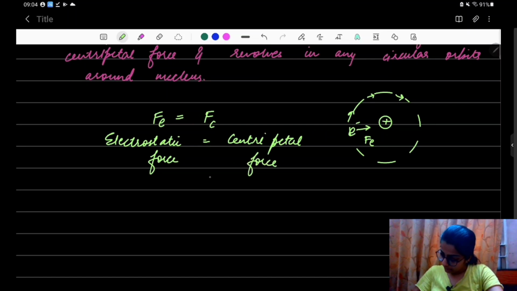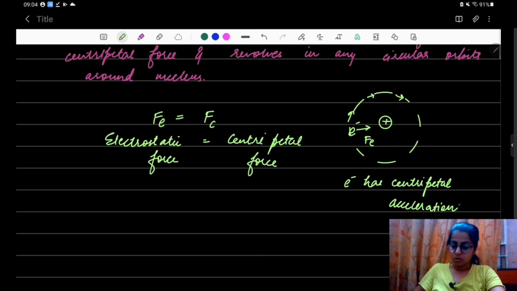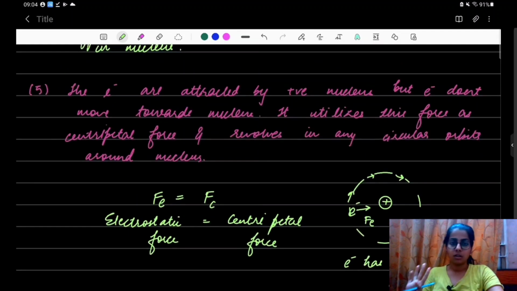So the electron which is moving around the nucleus has centripetal acceleration. Now you can understand why the electron is not pulled into the nucleus: because of centripetal force it is moving around the nucleus. With the help of this equation we will further draw many other conclusions in the subsequent class, but this was the statement given by Rutherford.